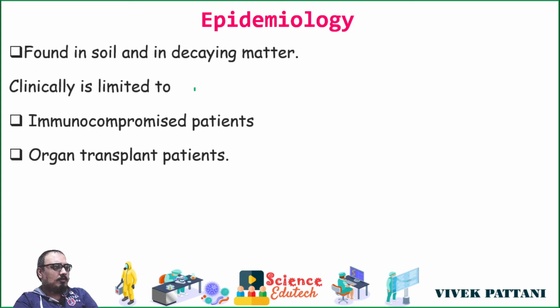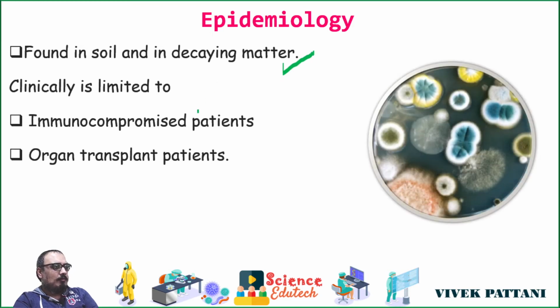They are commonly found in the soil, and clinically they are limited to immunocompromised patients and patients who had organ transplants. All members of this group are found in decaying matter, or in soil also.